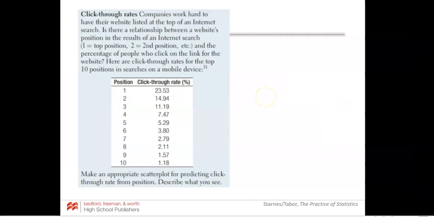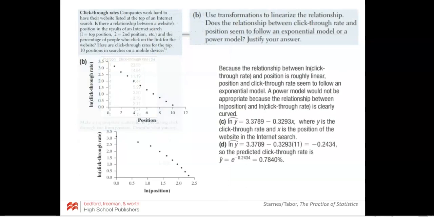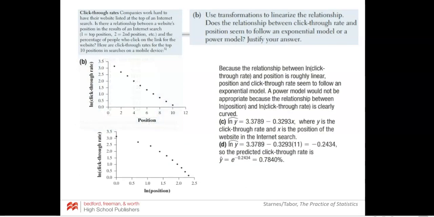Okay, so the formula there, your answer would be, I thought this was interesting to read the answers here. Part C would be the equation, which was the natural log of the predicted y variable, which is click-through rate, equals 3.37 minus 0.32 times the position of the website.